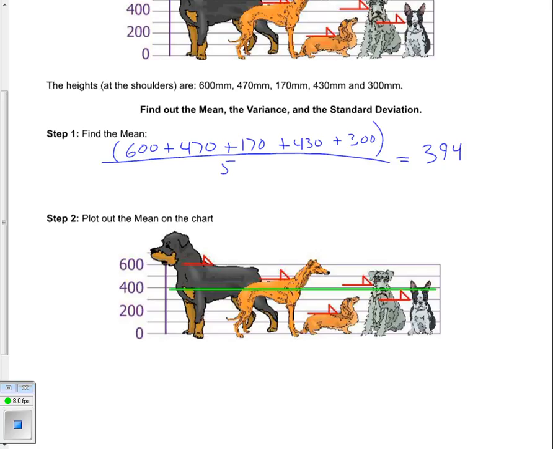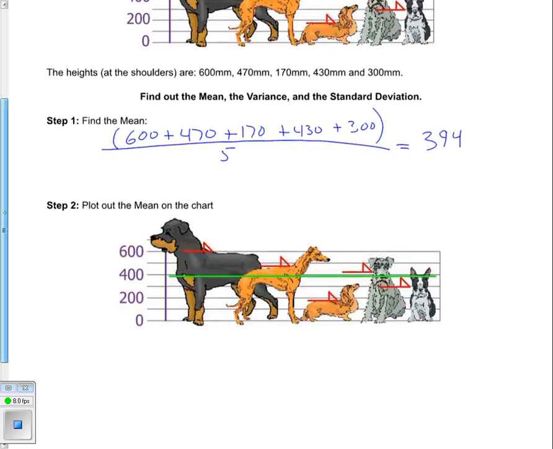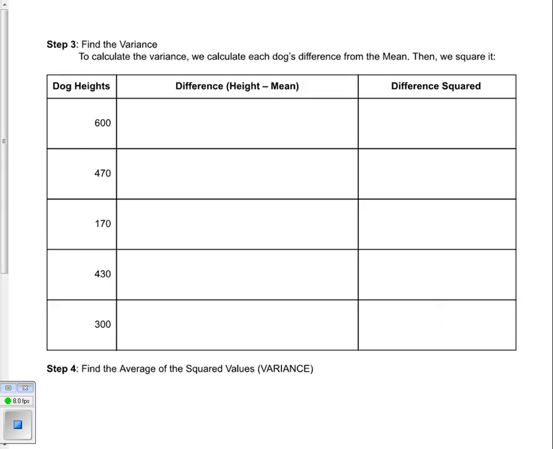On this particular graph, it already plotted out the mean height of 394. That's the green line that you see here just below the 400. Using that information, we want to calculate the variance of each dog versus the mean.